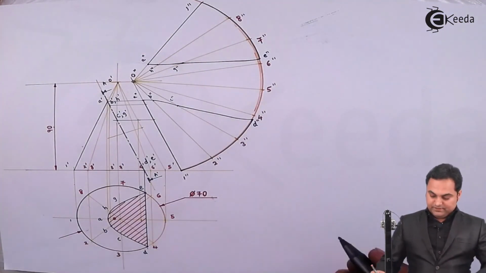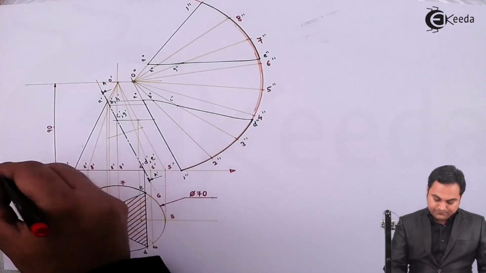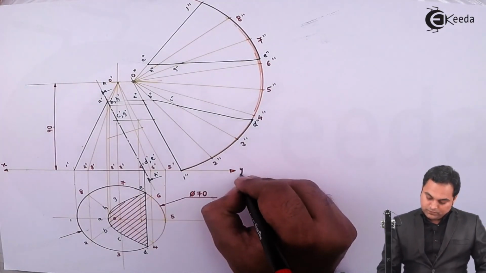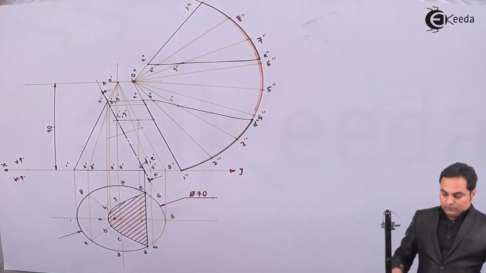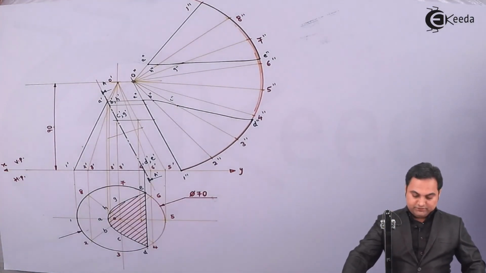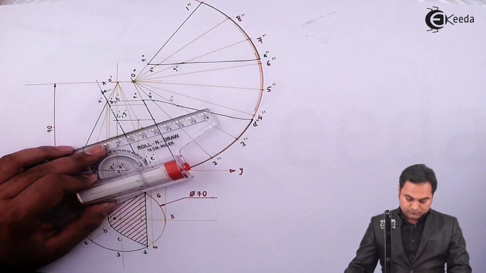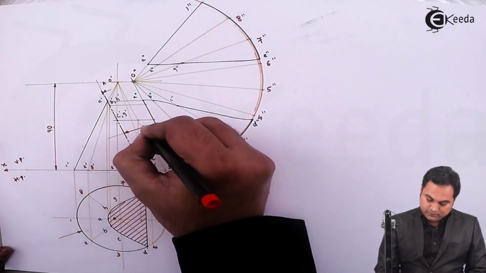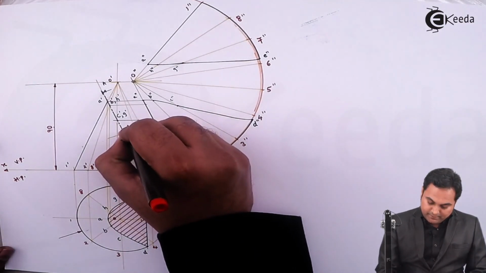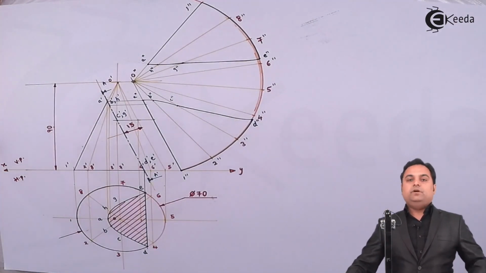Next, here we have the XY line, and this is VP HP. The distance of the cutting plane from the edge is given, that is 15 mm, and with this we complete the problem.